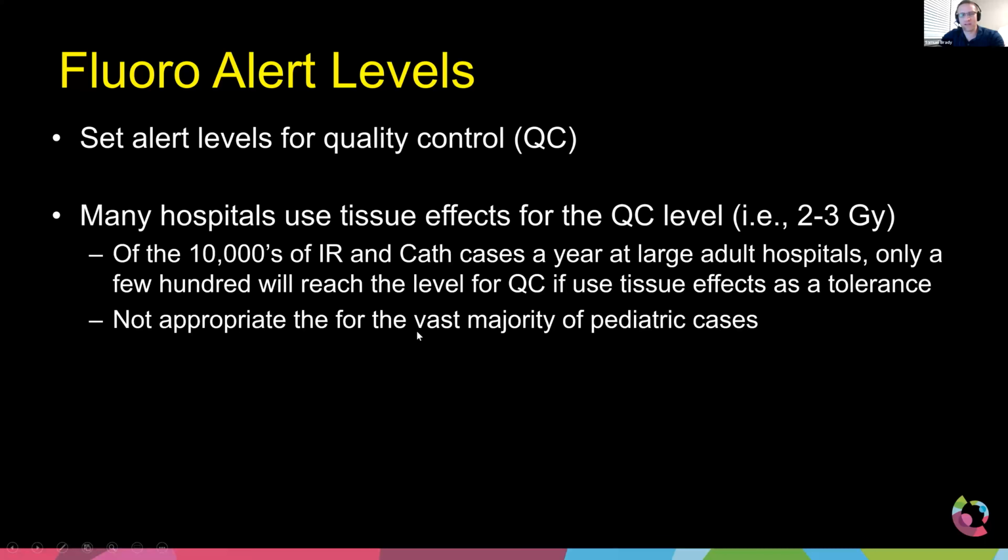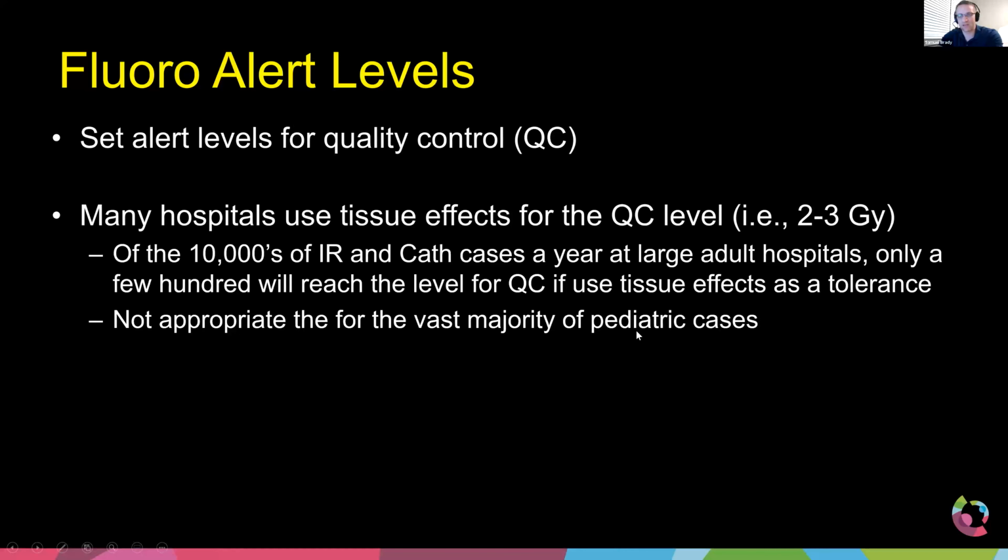Only maybe a few hundred will exceed this 2, 3, 4 gray range. So if you set that as your quality control alert level, you're really not able to check adequately how well you're doing as an institution, because you're only checking a very small percentage of your procedures.